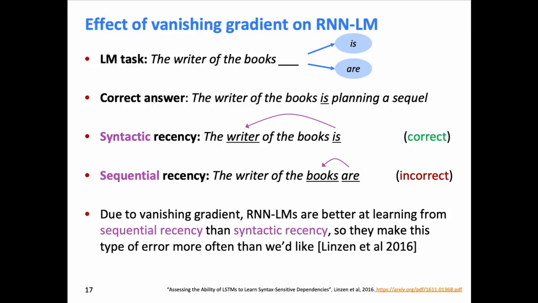This is partially due to the vanishing gradient problem, because especially if your syntactically related word is far away, it might get really hard to use the information from that word, especially if there's a lot of strong signal from the sequentially recent word. There are some papers that show that RNN language models make this kind of error of saying are rather than is more often than you would like, especially if you have multiple distracting words, such as books, in between the word you're trying to predict and the true word that you should be referring to.